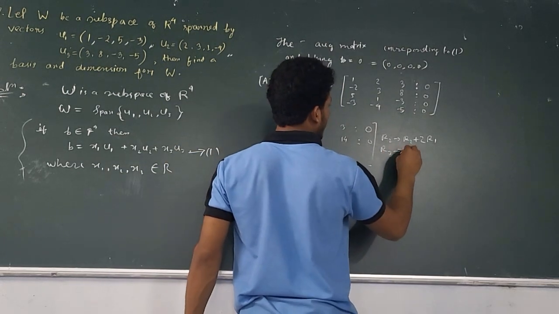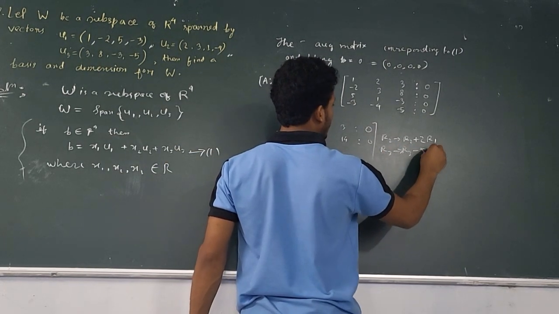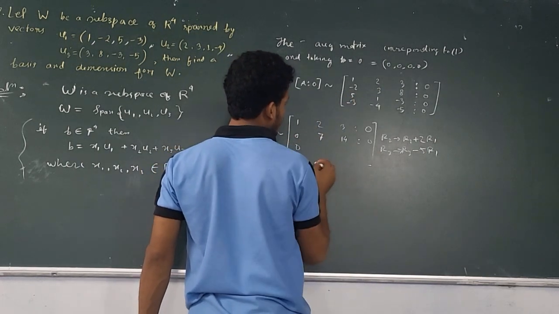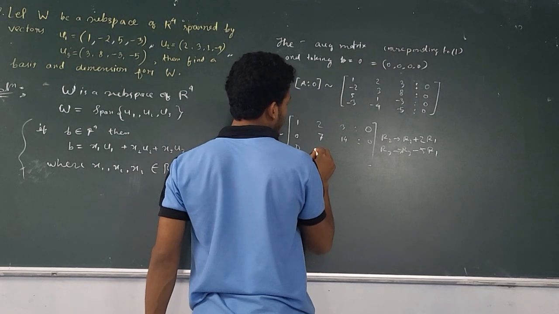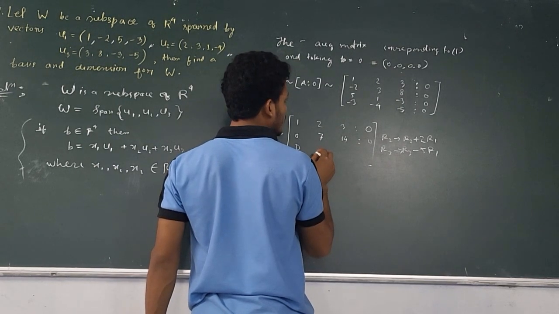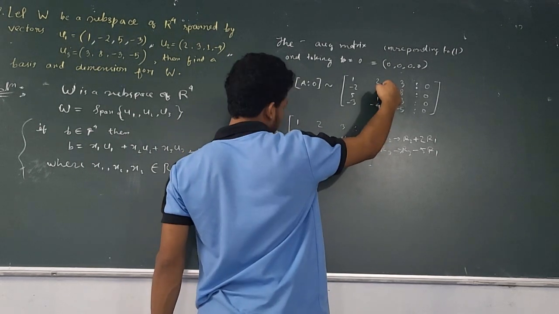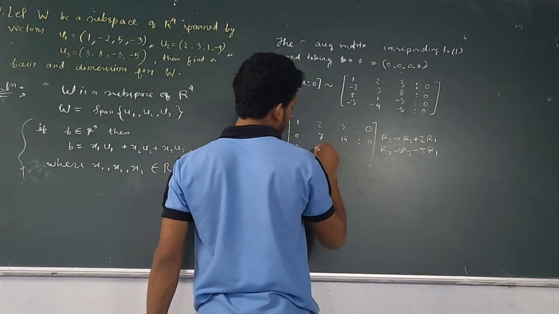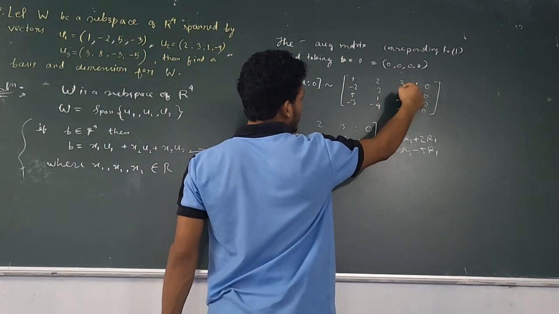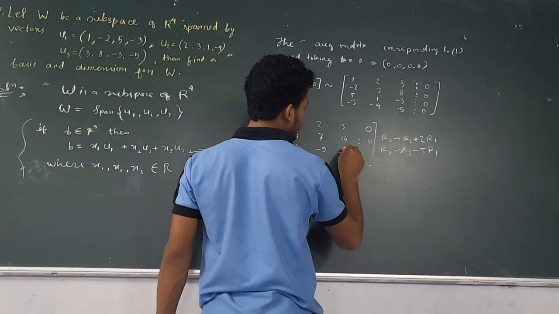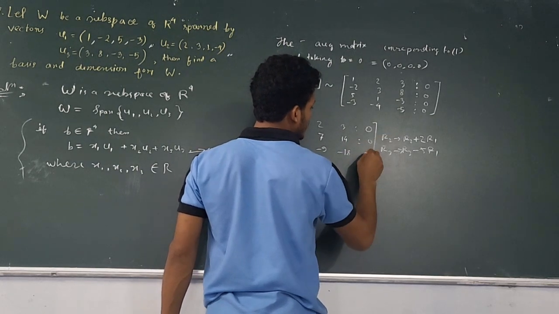R3 goes to R3 minus 5R1, so this position will be 0, then -9, -18, and 0.